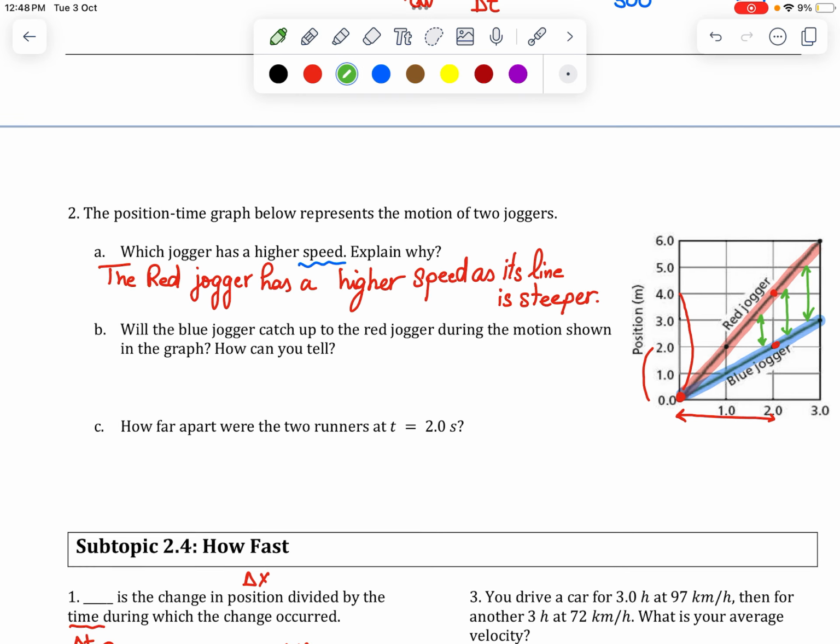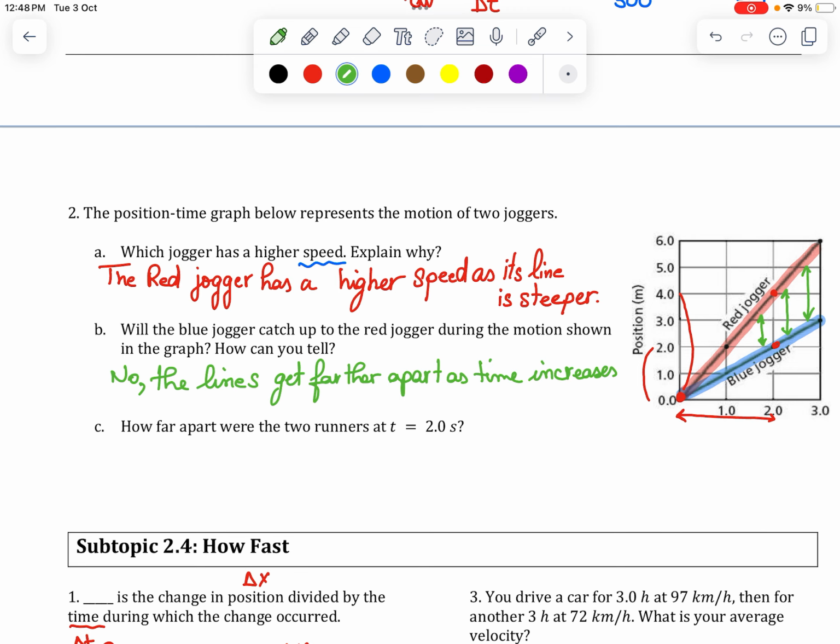So we can simply say that no, because the lines representing the red and blue jogger only get further apart as time increases.